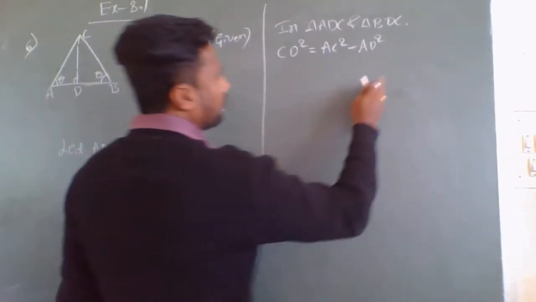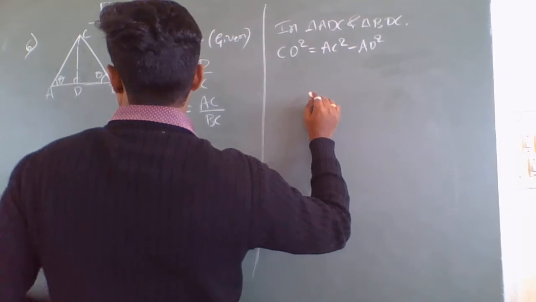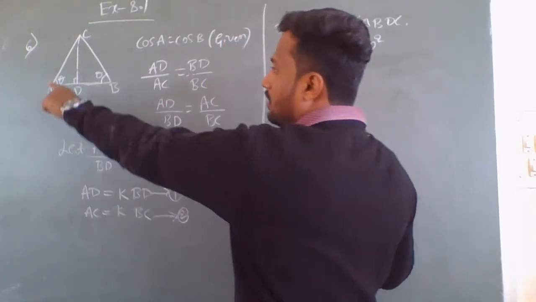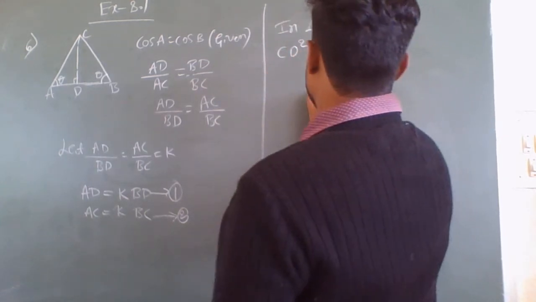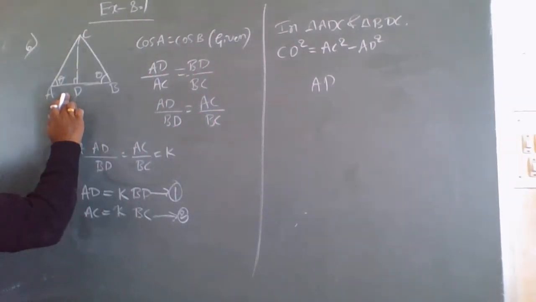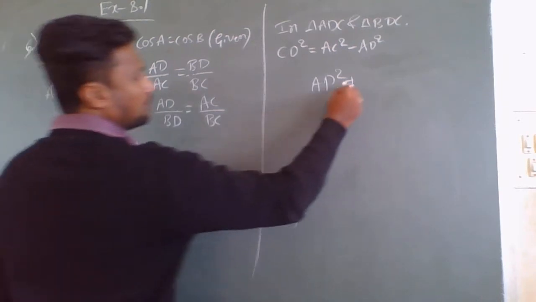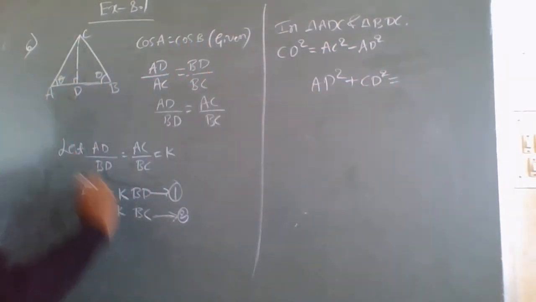See here, if you write the Pythagoras theorem, we get this form. This is the right angle triangle and AC is the hypotenuse. So AD square plus CD square equals AC square.